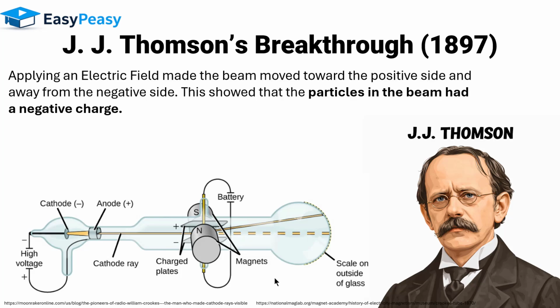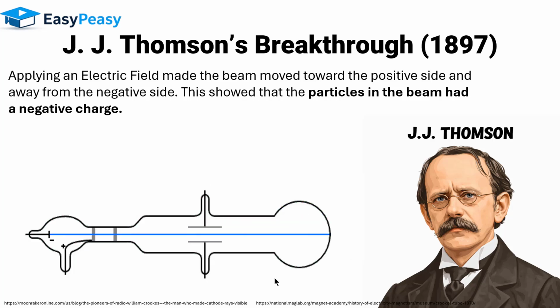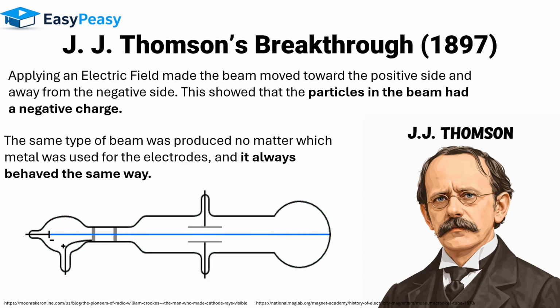First he applied the electrical field on the beam. When he applied it, the beam moved towards the positive side, away from the negative side. Even if he changed the charges on the plates, it still moved towards the positive side and away from the negative side, showing us that this beam of rays is negatively charged.